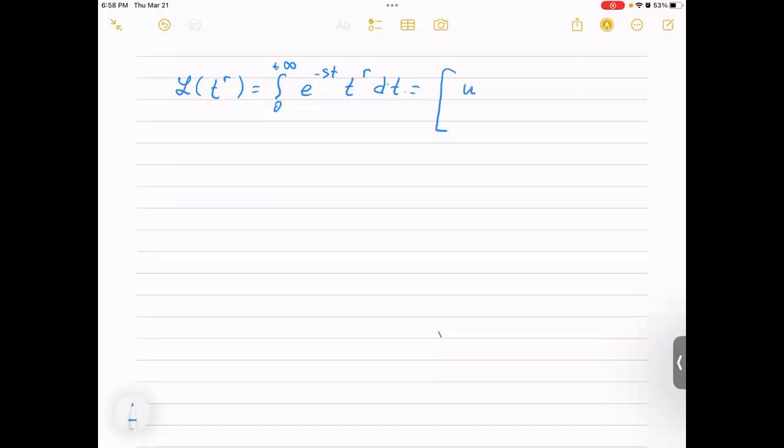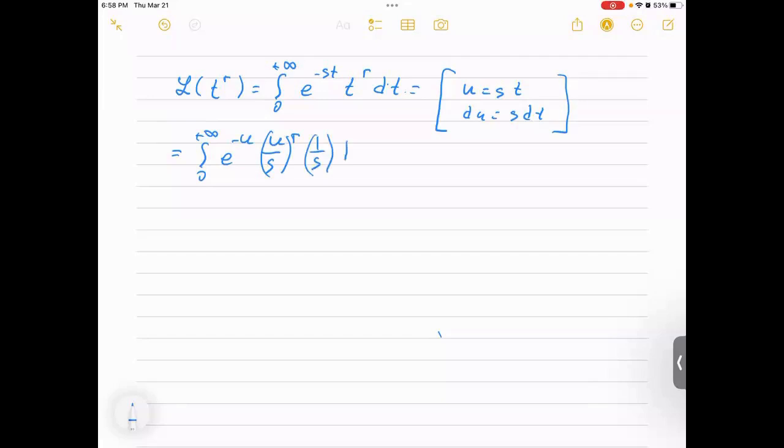We will call that expression st a new variable u, then du equals s dt. So after substitution, we're going to get the integral from 0 to plus infinity of e to the negative u, t becomes u divided by s, and an extra factor 1 over s.